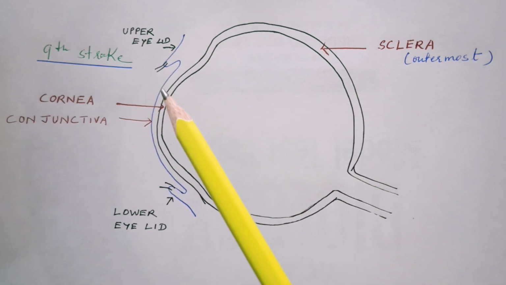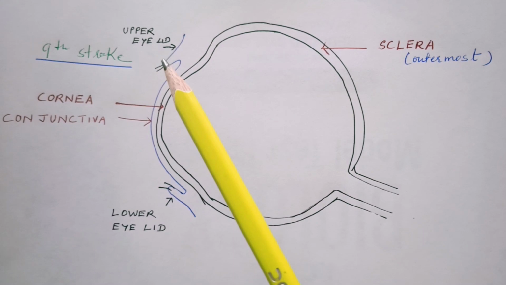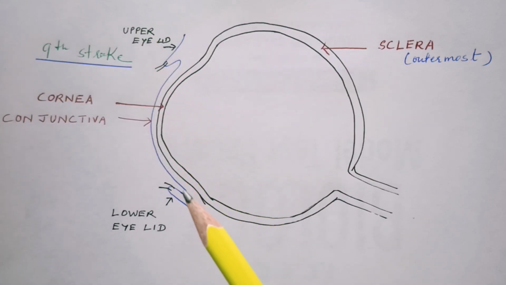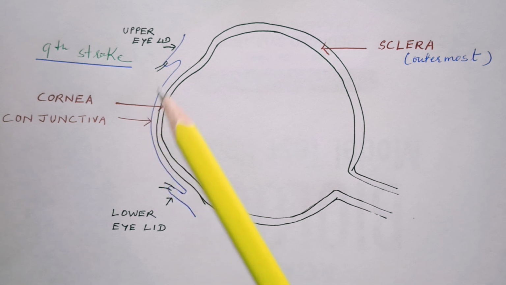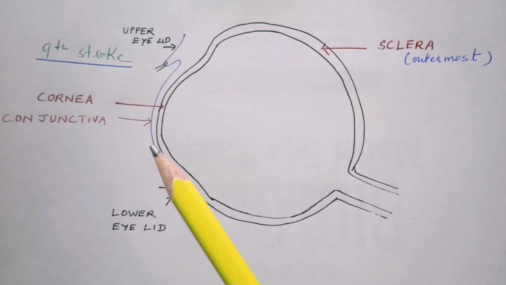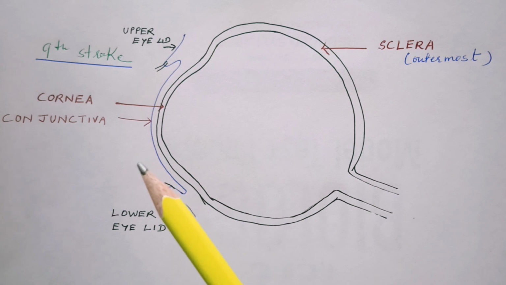This conjunctiva is the extension of the inner membrane of the upper eyelid, and it extends like this, the extension of the inner membrane of the lower eyelid. This makes the conjunctiva over the eyeball, and it forms the protective membrane over the eyeball.